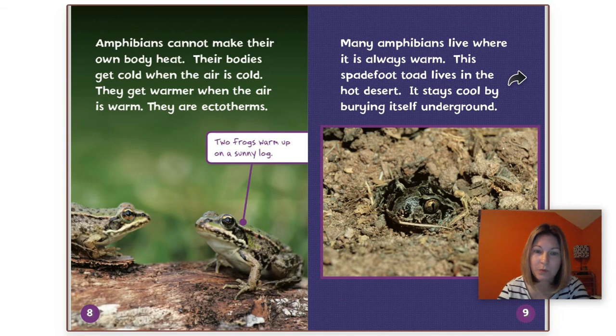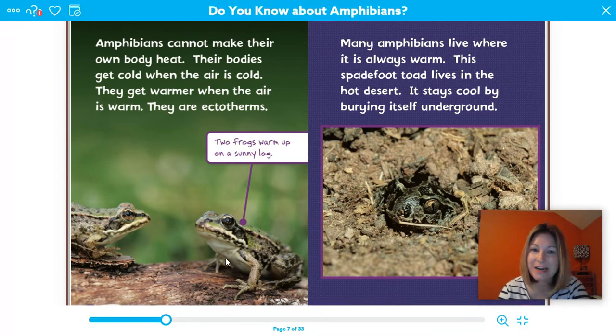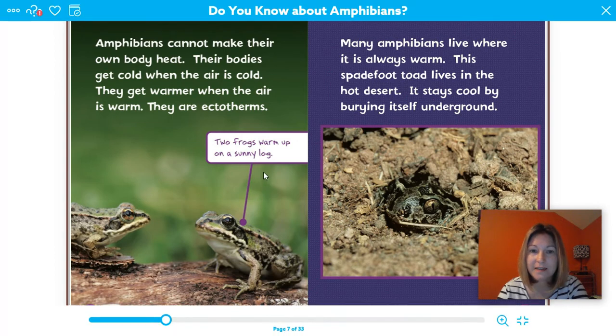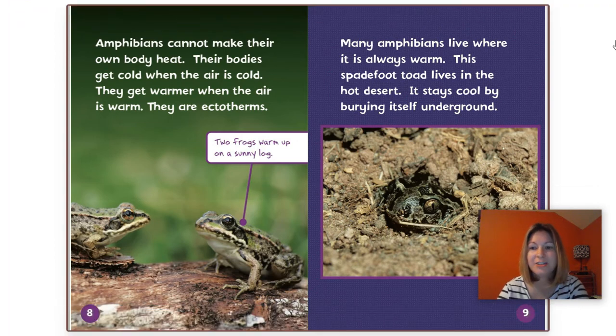Two frogs warm on a sunny day. So you see the photograph? This is a realistic photograph of two frogs, and they're warming up on a sunny log, just like our iguanas were the other day. So many amphibians live where it is always warm. This spadefoot toad lives in the hot desert. It stays cool by burying itself underground.